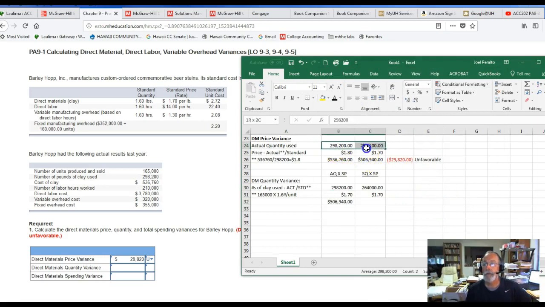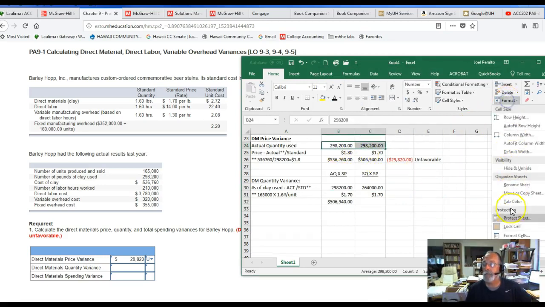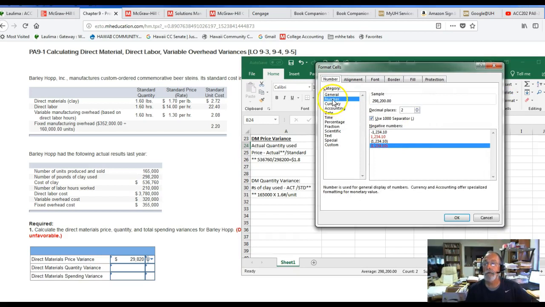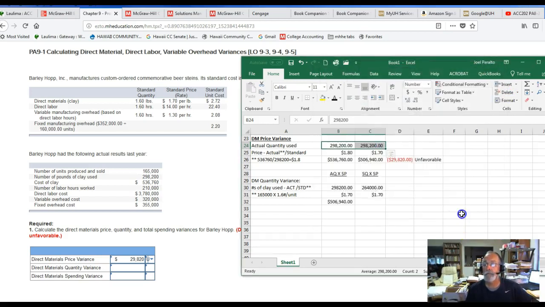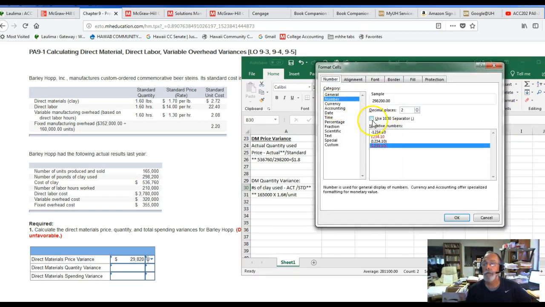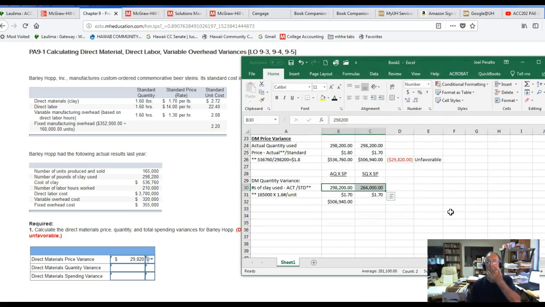Okay, so this formatting should be number formatting as well. Why did the comma show in one but not the other? Right here. Use the comma. Okay, there we go.